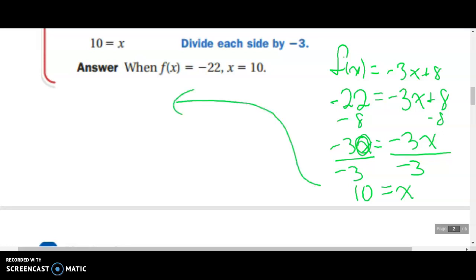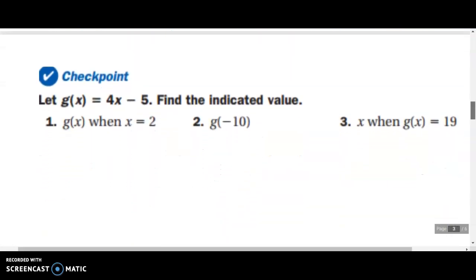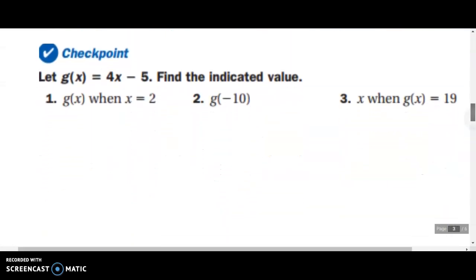We can write that as f of 10 equals negative 22. Okay? All right. So now we can practice a couple of different times, but before we do, I just want to go through and ask you, are we replacing the x or are we replacing the whole function notation, okay?